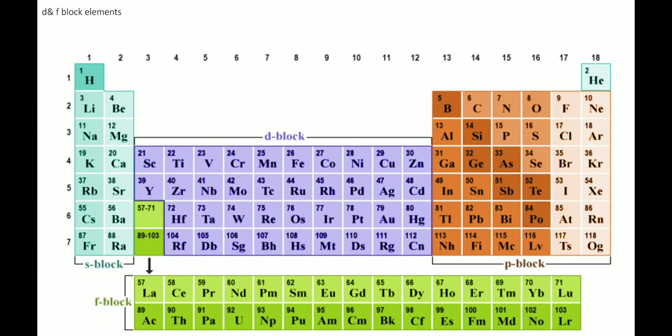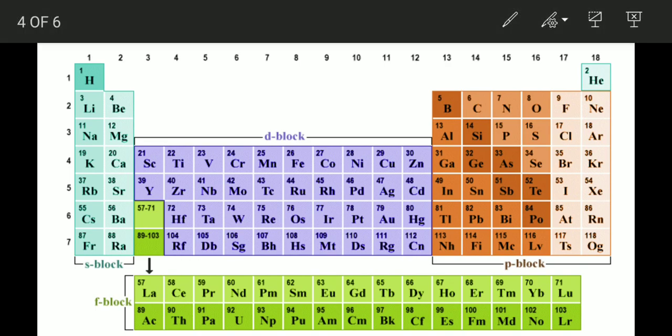See, this is the simple periodic table and the location of d block elements in between s block and p block elements, and I'm explaining the 5d series. You observe here 57, the atomic number of lanthanum, and the f block from cerium to lutetium.